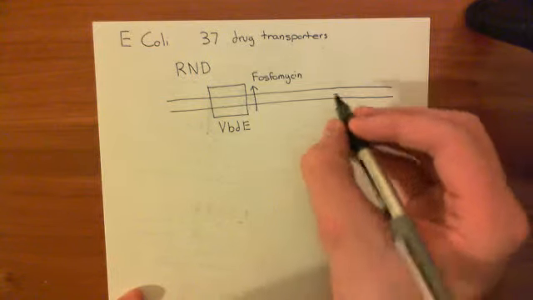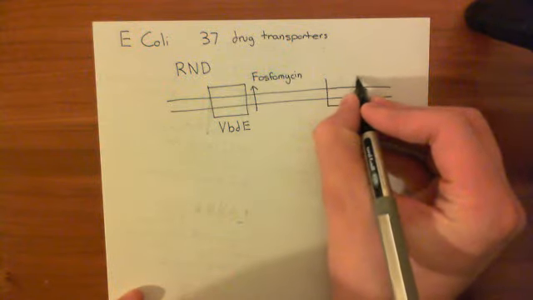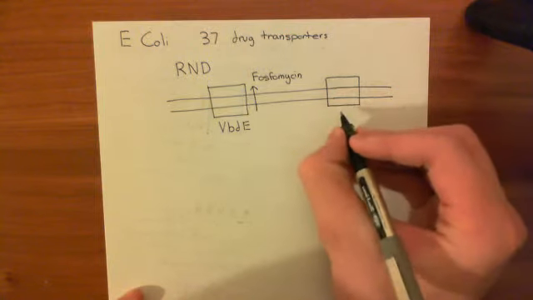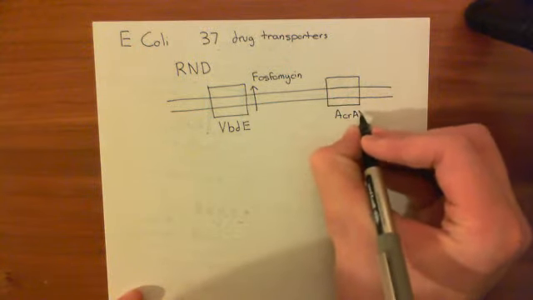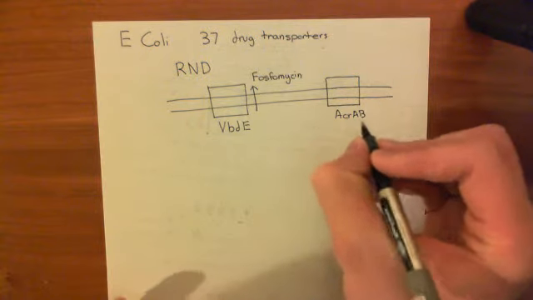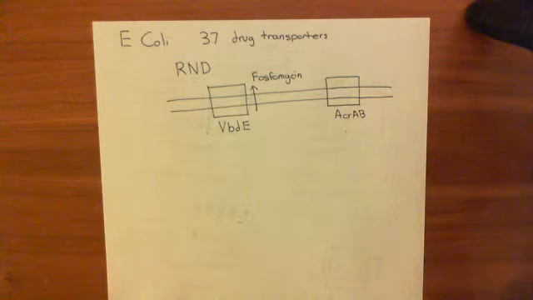Okay, now another example of an RND, a resistance modulation cell division transporter, is a transporter known as AcrAB. Now this one, on the other hand, contrast this rather to the first. AcrAB transports pretty much every drug we know of.